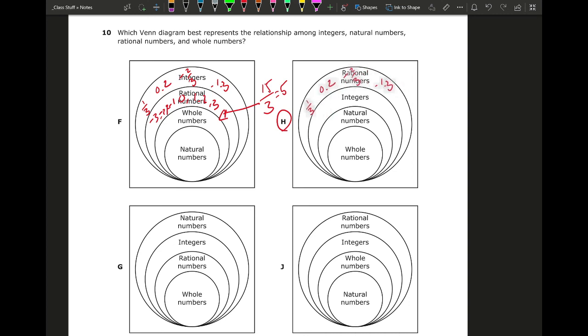These are the rational numbers right there, and then this right here are the integers, as well as, see, I was not paying attention right there. Can also be a whole number, right? So all rational numbers include everything before. Remember, for integers, there are no fractions, no decimals. They can be negatives.